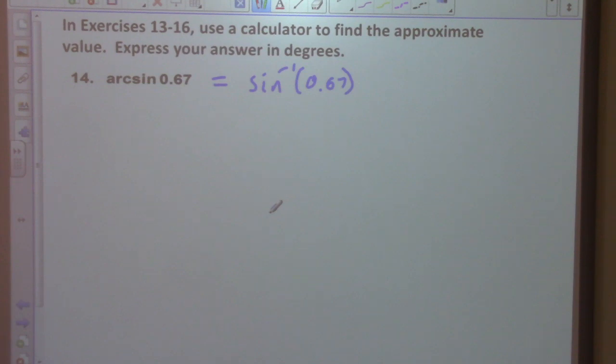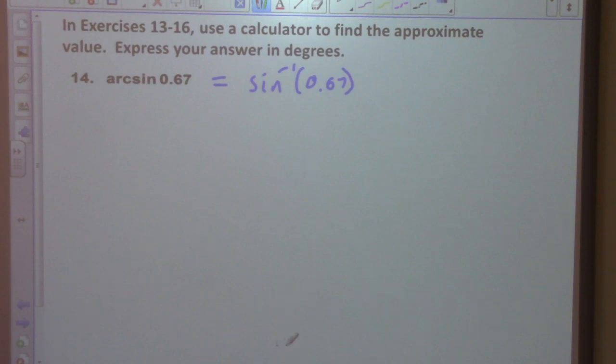Now one thing in this exercise set that they don't have, that they could possibly do, is an inverse secant too. But that's not something you're expected to have on your calculator.